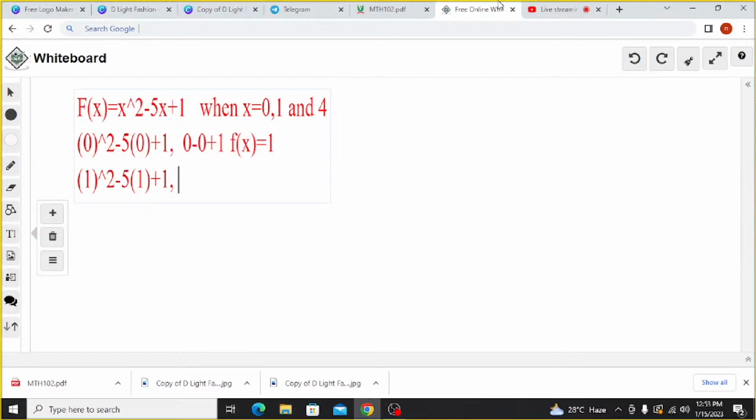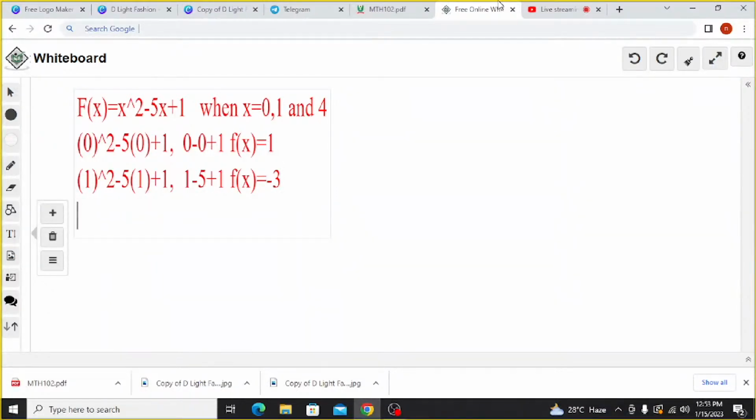So 1 square equals 1. So 1 minus 5 multiplied by 1 is 5, which is minus 5, plus 1 for our function. Our function now equals minus 3.